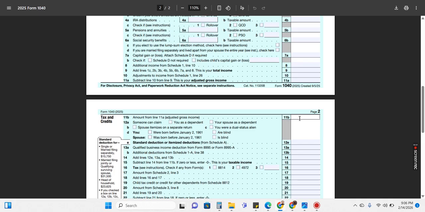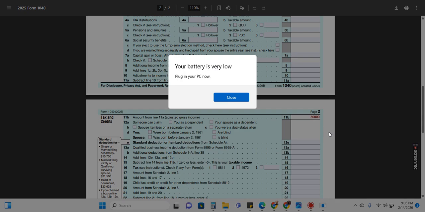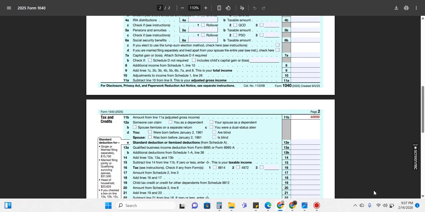For example, your adjusted gross income is 60,000, and the filing status is married filing jointly, so you have a standard deduction of 31,500. Now you need to calculate 13B.